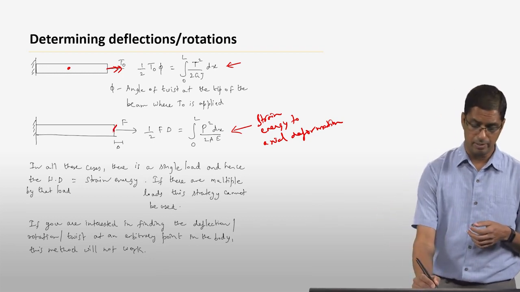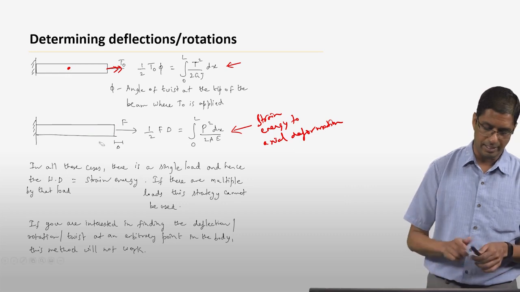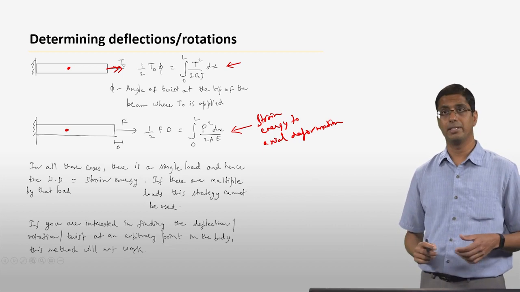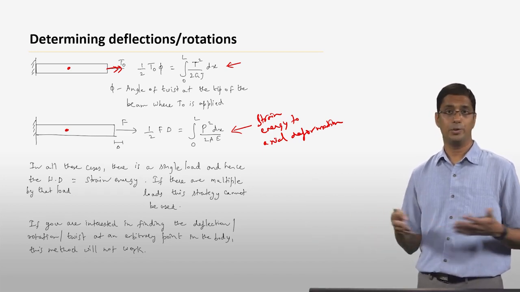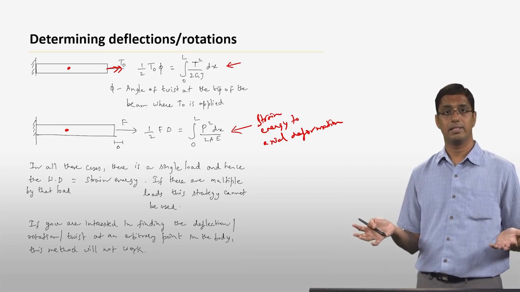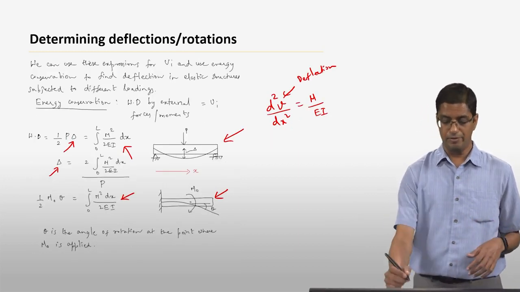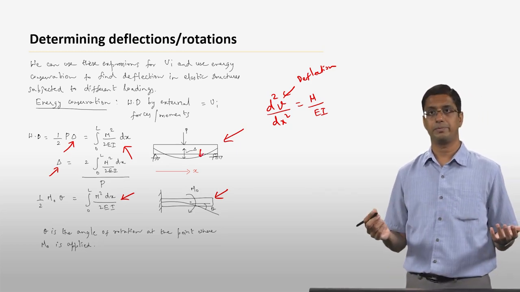Same thing applies for this force. If you try to find the deflection or the extension at some point where the force is not being applied, then you can't find that out. Same thing is true for bending moment. So in this case, if you want to find the deflection delta at this point, you can't find that out. Okay?